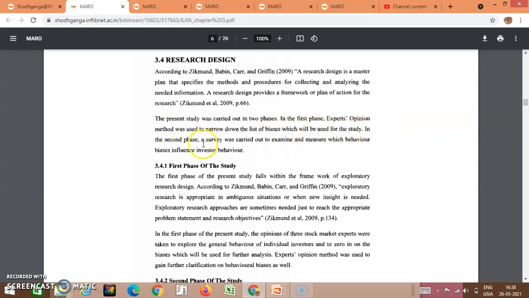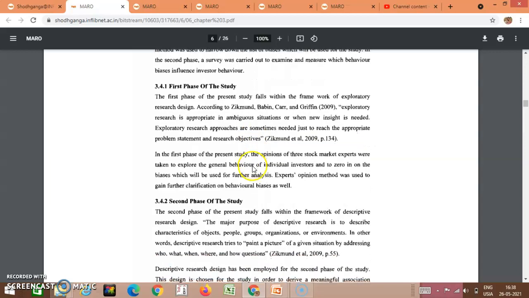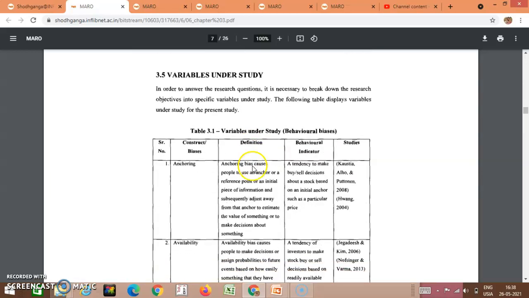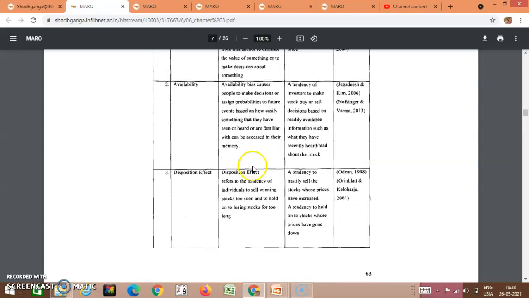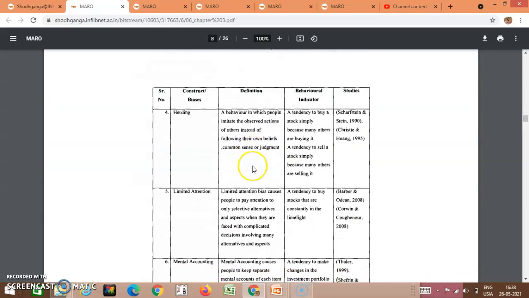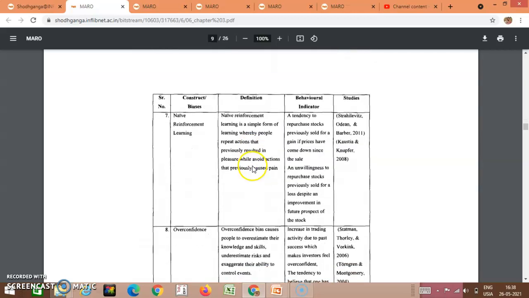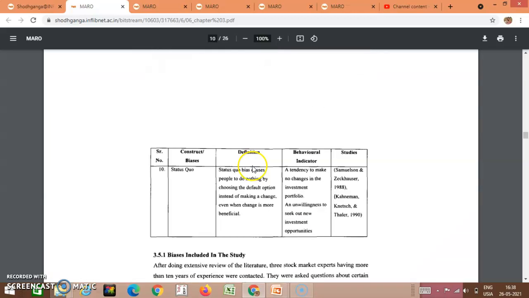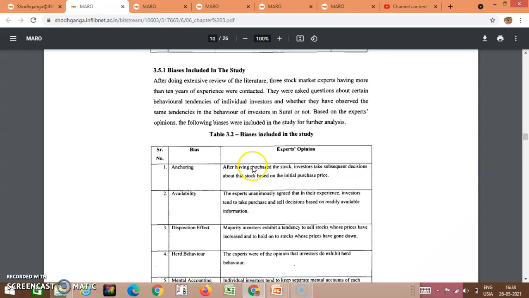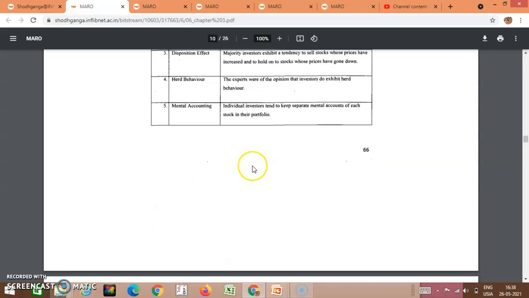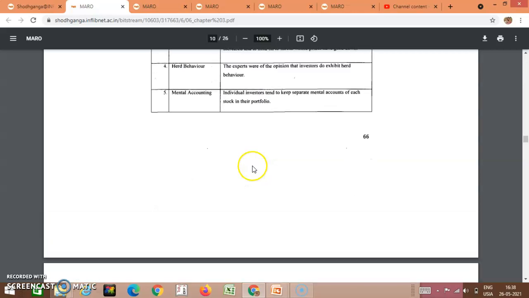In the second phase he is using a survey to measure the behavioral biases. Then variables under study. These are the variables he has studied, and their definitions are all given here. Then the biases included in the study are these 5 biases based on opinion.